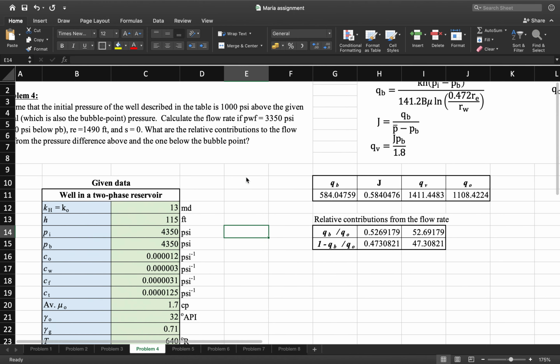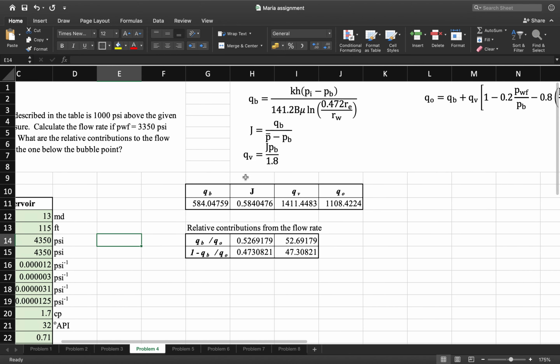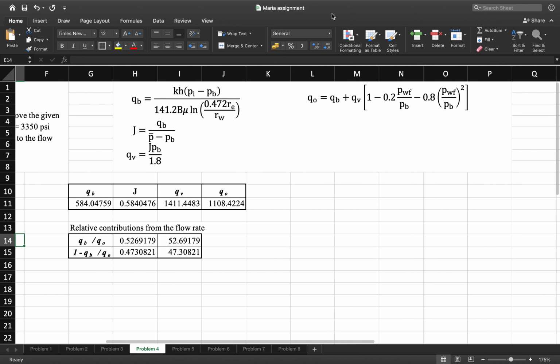Also in the lecture of Miss Mary, we have this formula with the J, the Qb, the Qv. So the Qv will be equal to this one. In full, it will be the Qb plus the Qv, and the Qv is multiplied with this one.